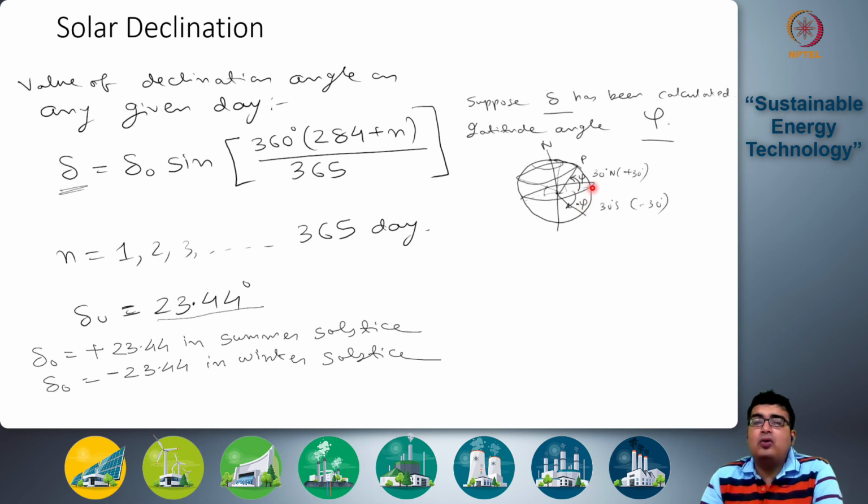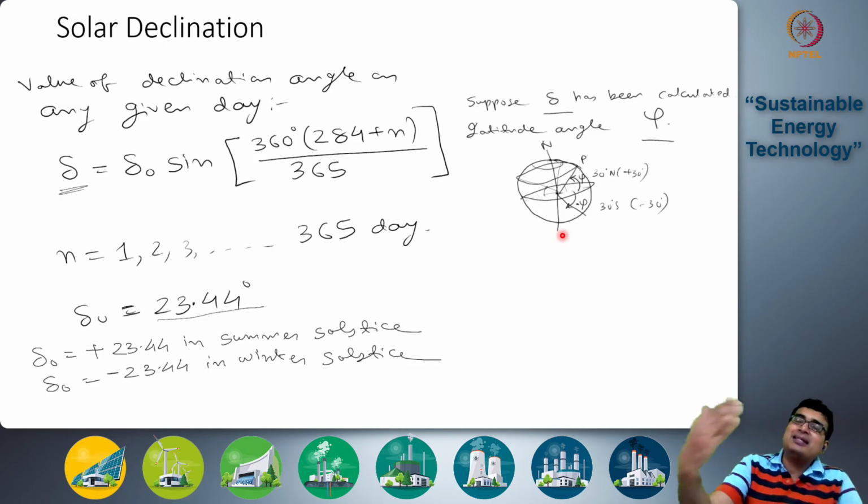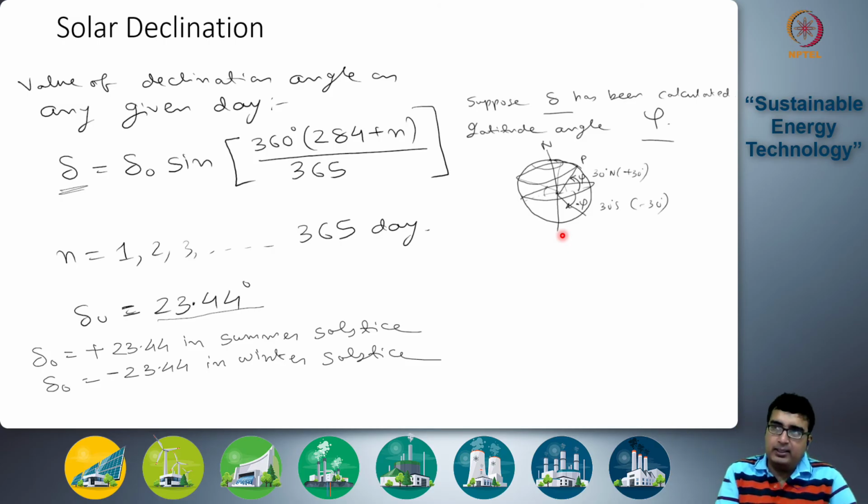Whereas in the southern hemisphere, it will be 0 to minus 90 degrees. So 30 degrees south is basically minus 30 degrees, and 40 degrees south is minus 40 degrees. The latitude angle of the southern hemisphere is negative, 0 to minus 90, and for the northern hemisphere it is 0 to plus 90.